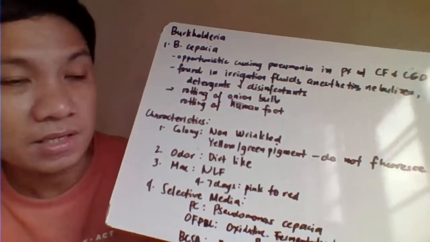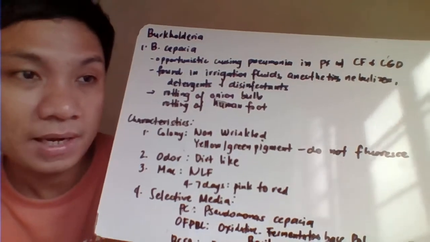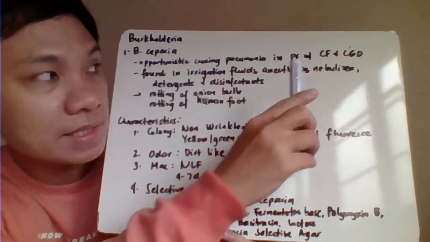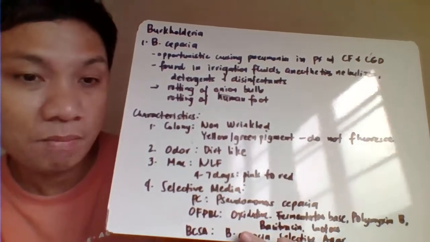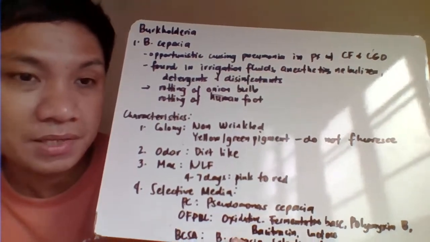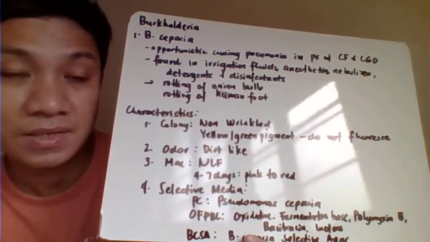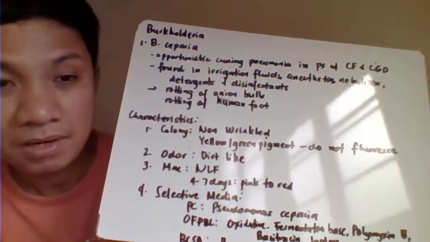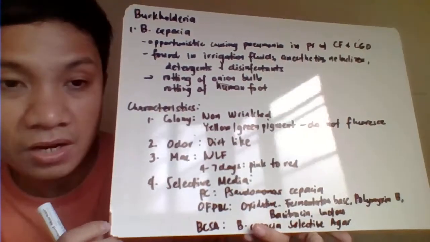It is an opportunistic bacteria which tries to cause pulmonary infection in the form of pneumonia among patients with cystic fibrosis and patients with chronic granulomatous disease. Its main manifestation is rotting of the onion bulb among plants. It also tries to cause rotting of the foot, nabubulok na body parts in the foot of humans. Okay, we have your colony characteristics.